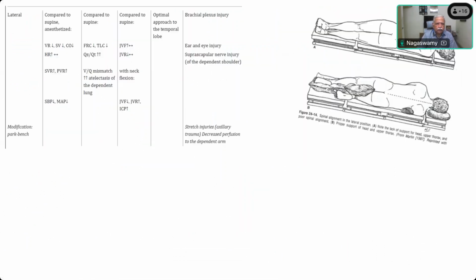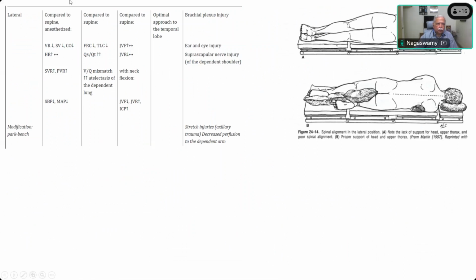Then lateral position, again, compared to supine, anesthetized, whatever cardiovascular system changes happen, respiratory system changes happening, then the cerebral blood flow, peripheral nerves, brachial plexus injuries. So here in this picture, you can see the head is hanging down and the spine is not in alignment.